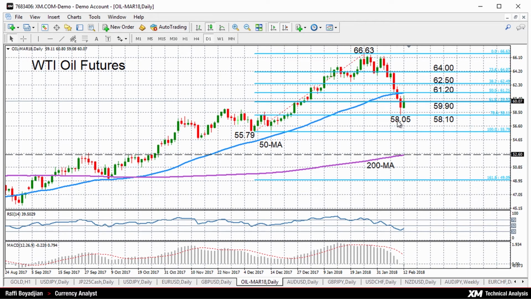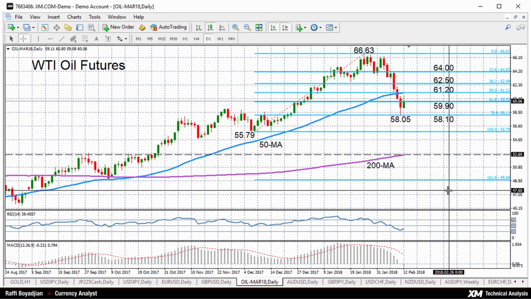But if the 58.10 support level doesn't hold, we could then see prices moving towards the low from back in December of 55.79, and below that we have the 200-day moving average at around 52.60, and 52.60 has also been a major resistance area in the past as well, so that's an important potential future support level for oil futures.